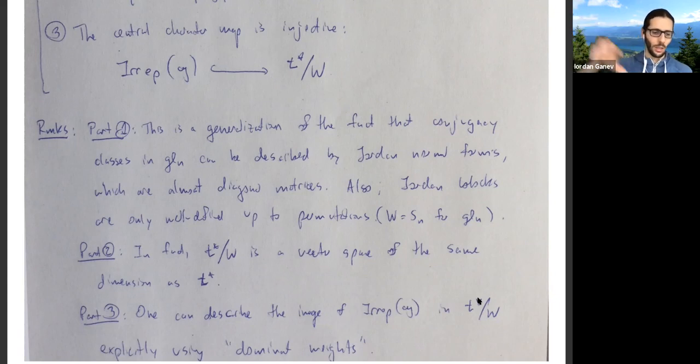It's kind of like a lattice that you intersect with a cone, and you get this discrete cone inside of T star. Those are the dominant weights, and that's a way to parameterize the irreducible representations.